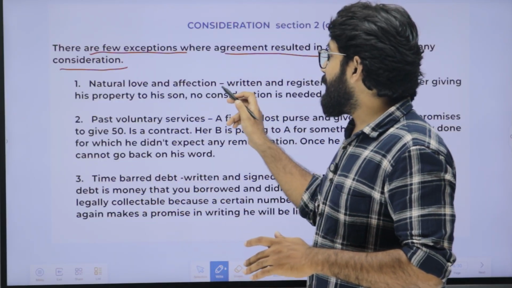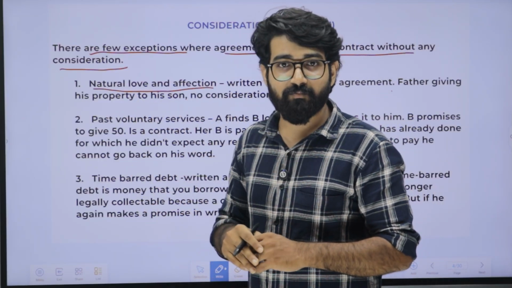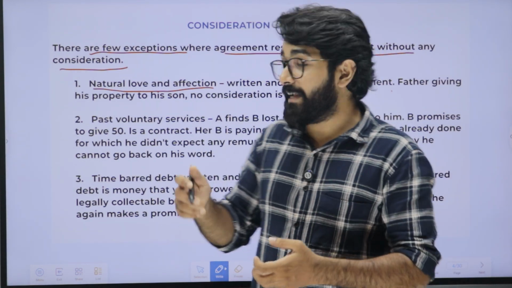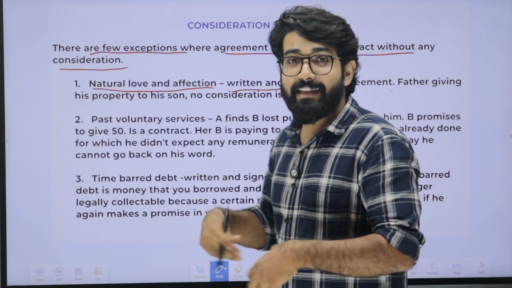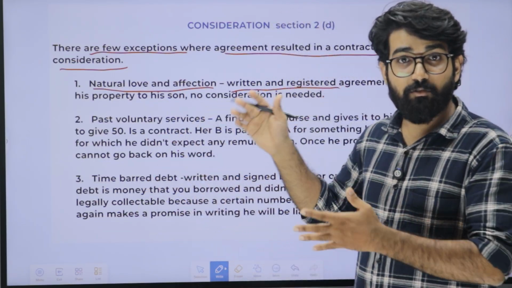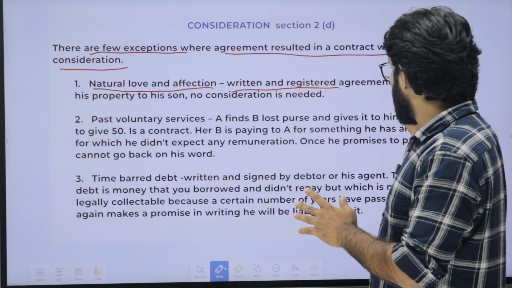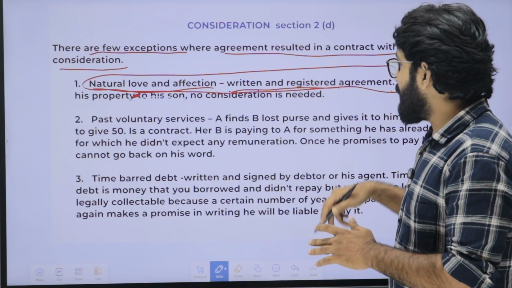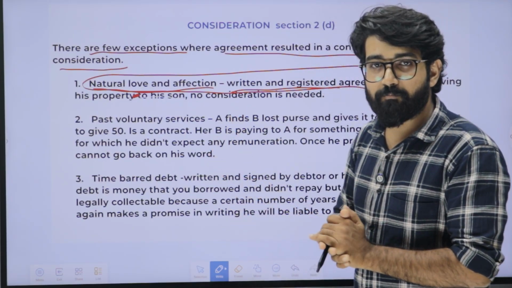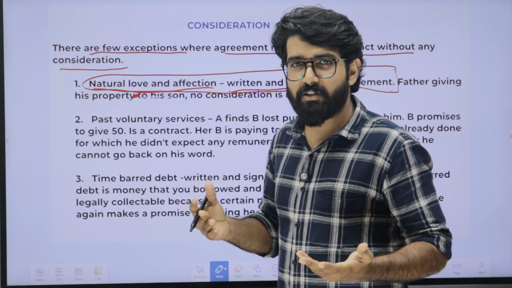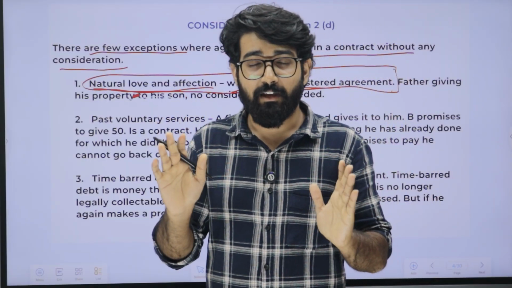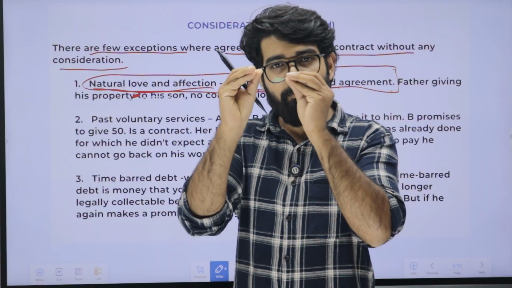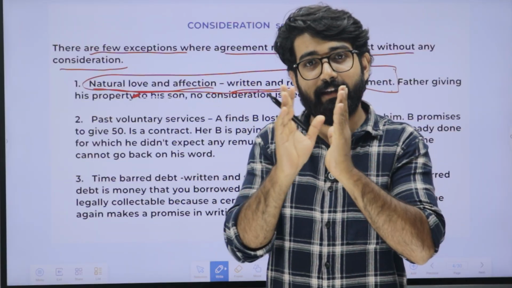So first one, natural love and affection. If a person writes and registers an agreement, read that carefully. In your question paper, if it is clearly mentioned, look for it. This is a very important thing to look for. In your examination, you don't have to use your own ideas for writing answers. You have to apply only what has been provided in the passage.